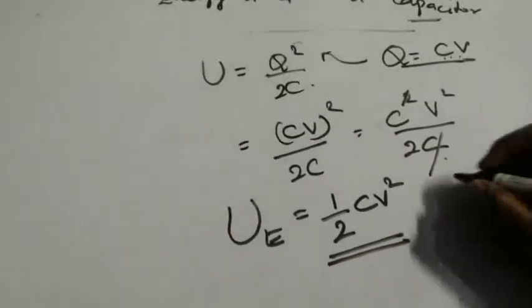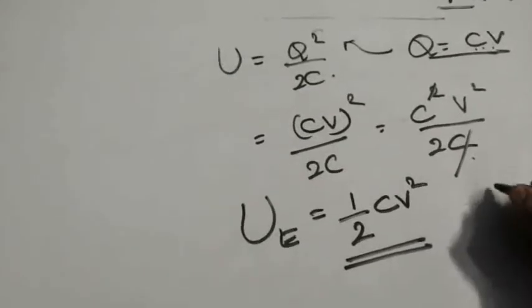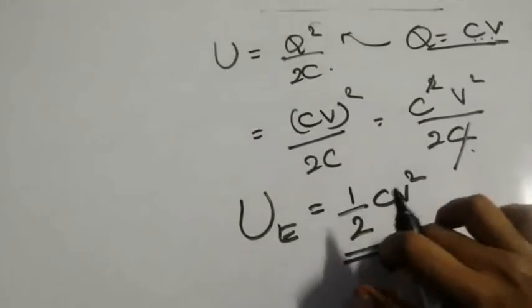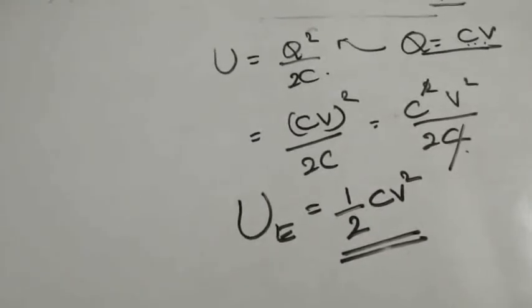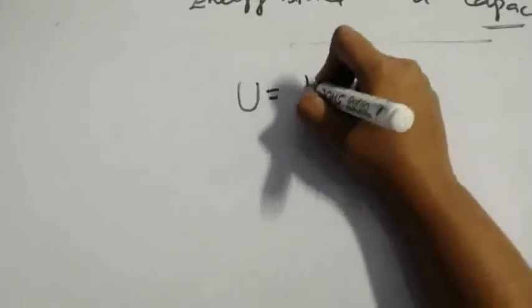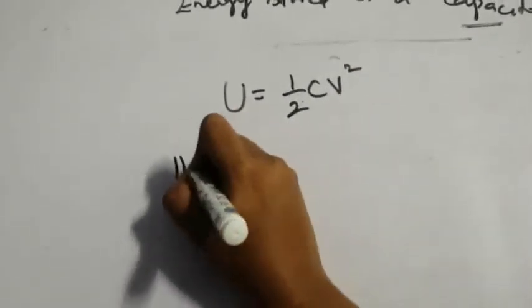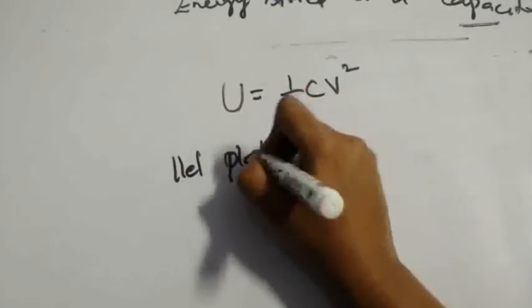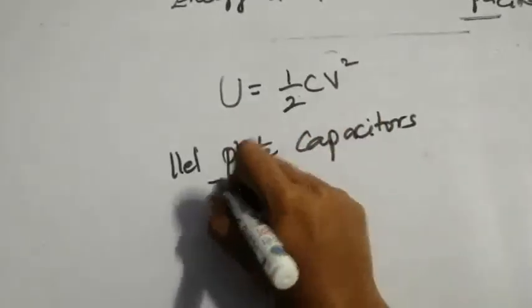So when you go for the parallel plate capacitors, you have to write it in terms of epsilon naught, A and D. So I'm going to replace this equation with respect to epsilon naught, A and D, the parallel plate format. We know that U is equal to 1 by 2 CV square, and for parallel plate capacitors, you're going to calculate the energy for two parallel plates.